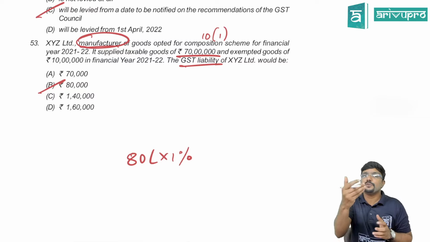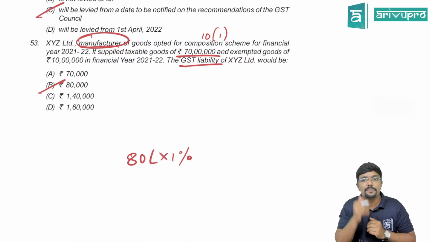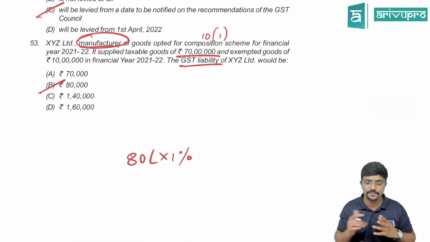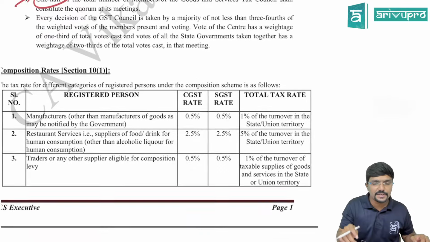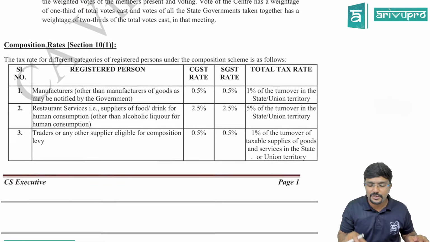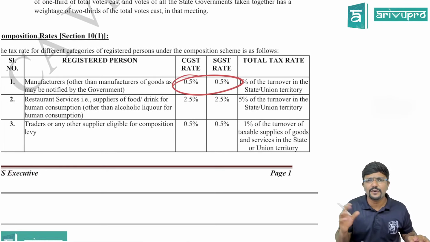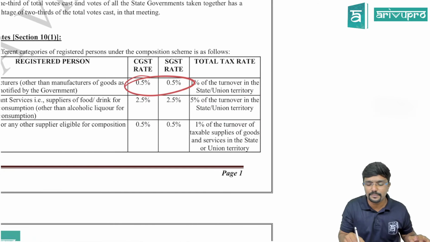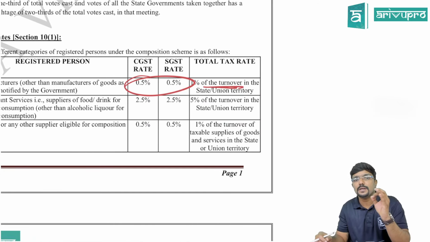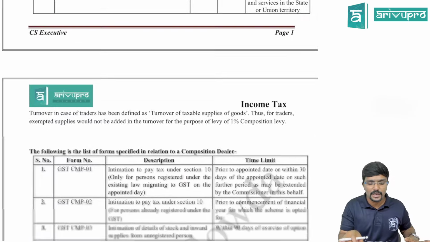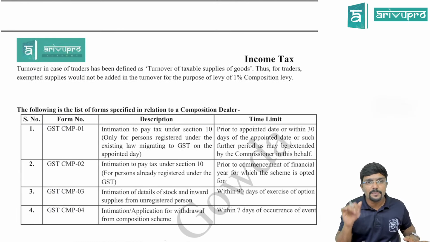See, the same question may not come in your exams or in your particular attempt. So please be careful with all the small things. So this is what is given in section 10. You can observe, for a manufacturer, what is the rate? 0.5, 0.5, whereas the total rate is 1% of the turnover. And here turnover means total turnover. I have also given the note below in my regular study material.